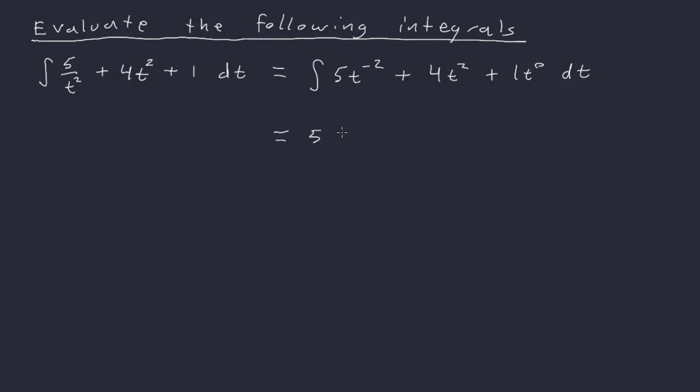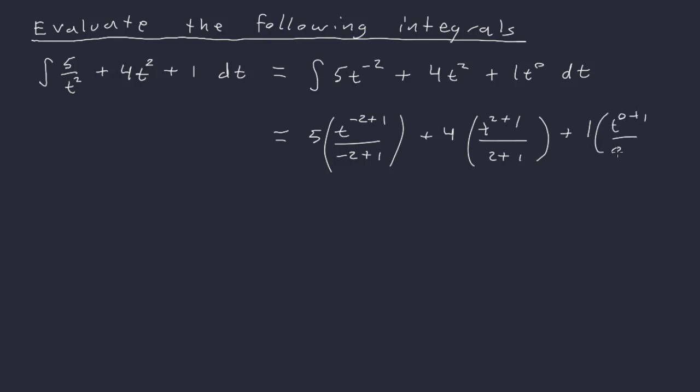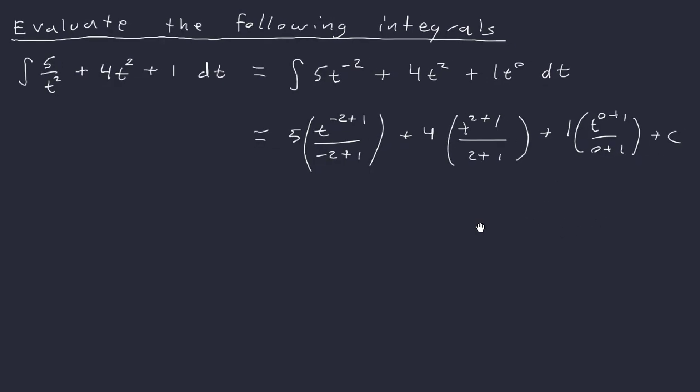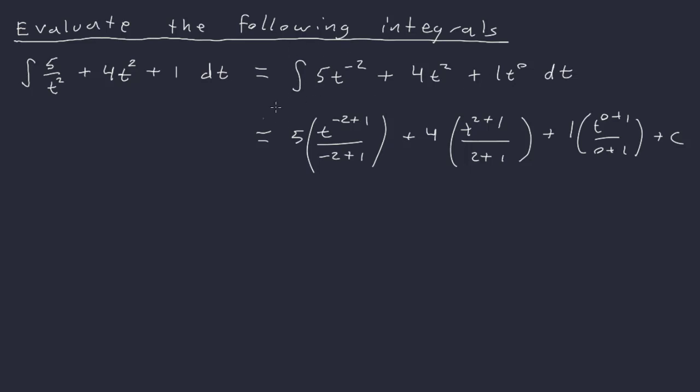It'll be 5t to the negative 2 plus 1 over negative 2 plus 1, plus 4 times t to the 2 plus 1 over 2 plus 1, plus 1 times t to the 0 plus 1 over 0 plus 1, and of course we'll have a plus c. What I'll mention is once you start integrating, your integral sign can disappear. You can drop it there, but then it gets replaced with a plus c.